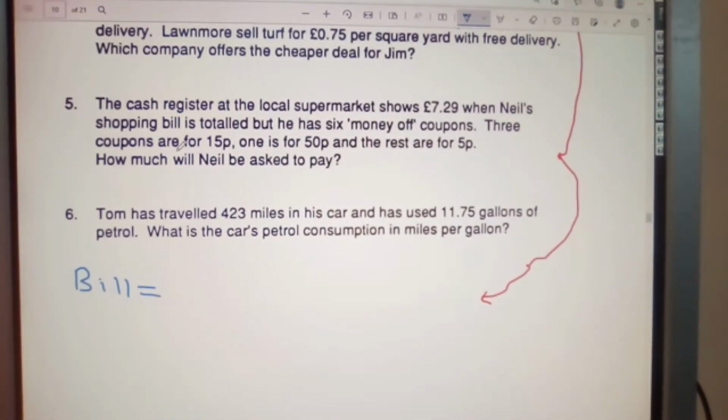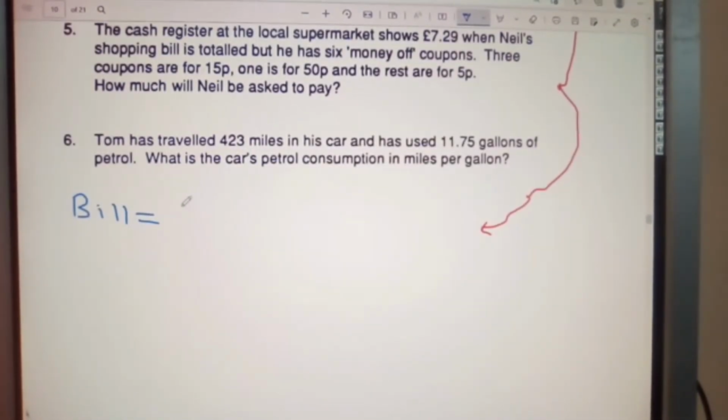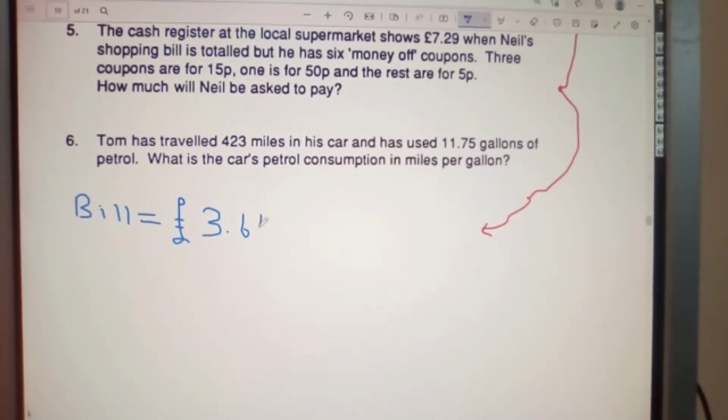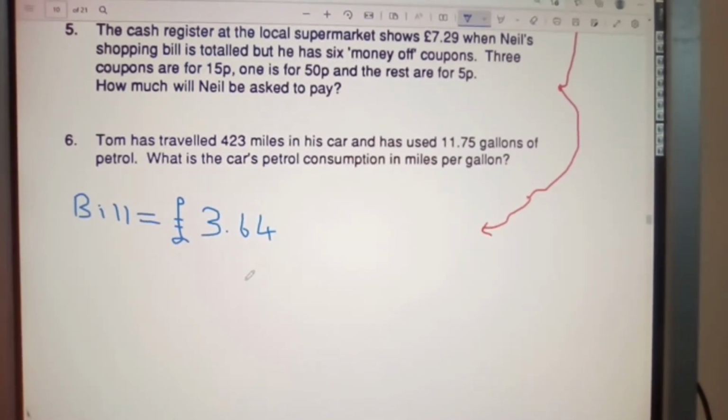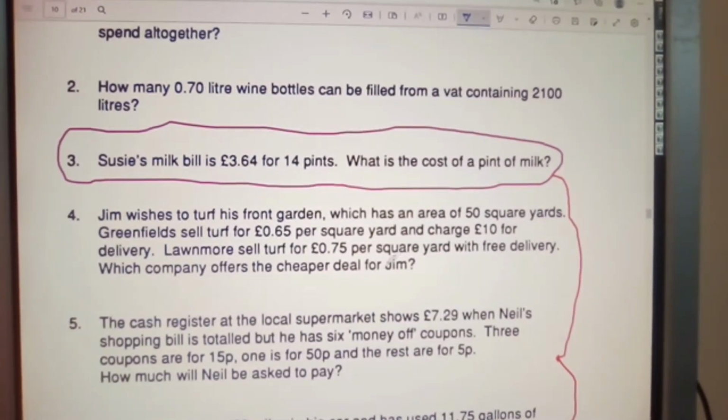How much does the bill equal? £3.64. Okay.